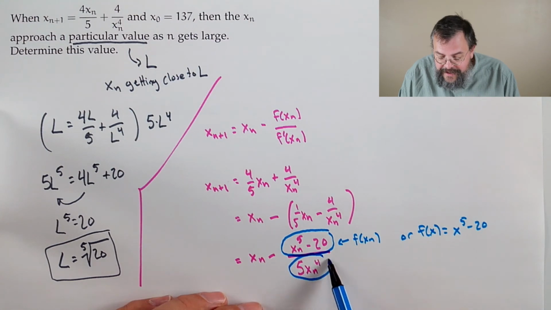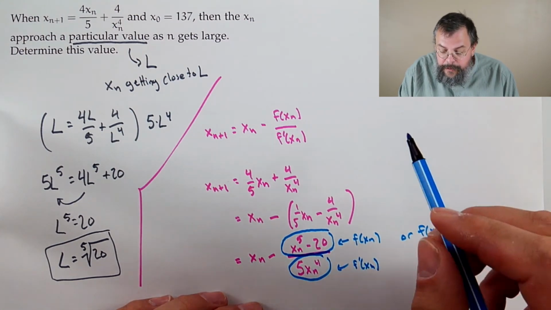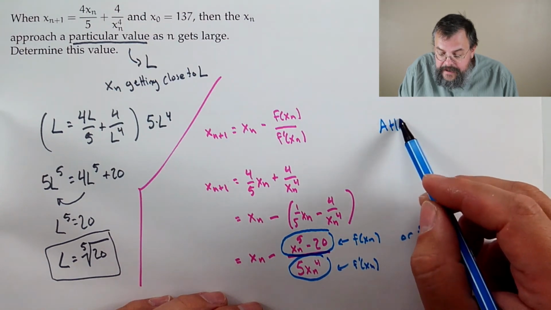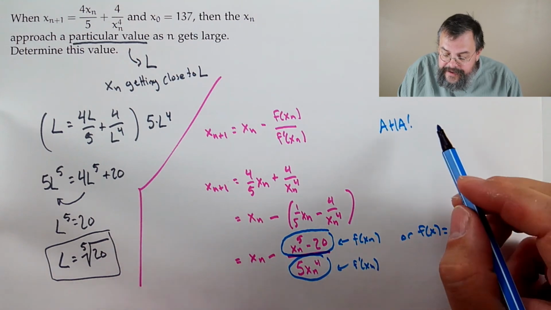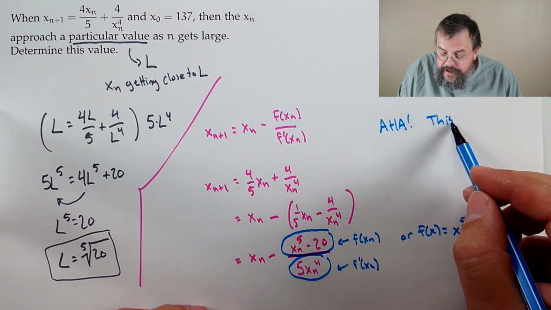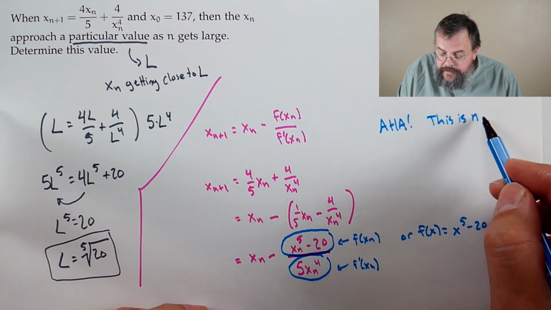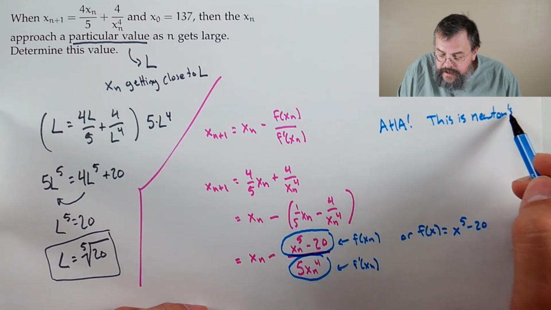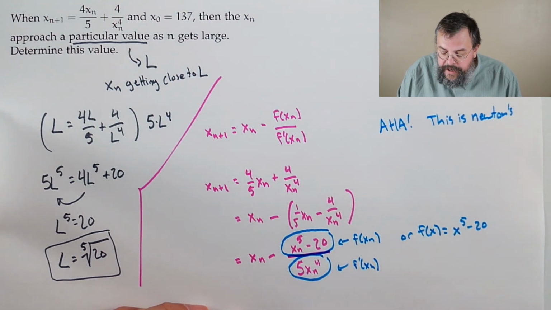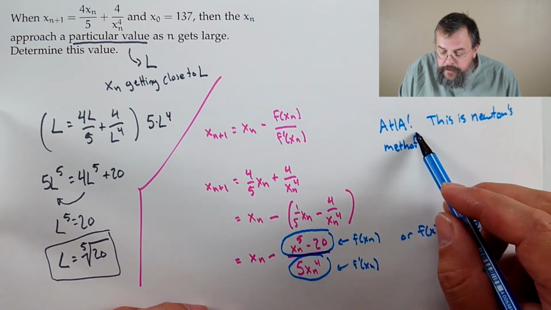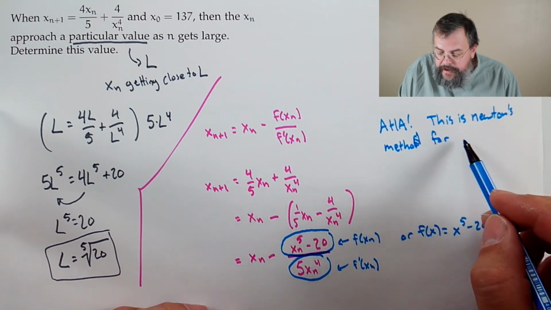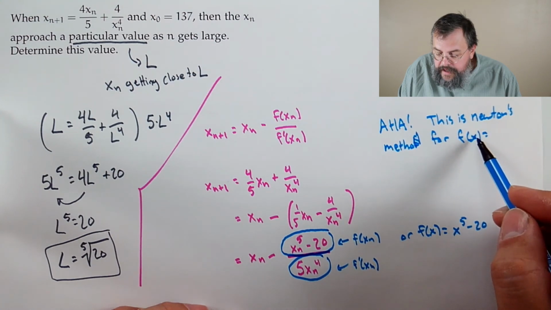That's our f prime of xn. And so we have our great aha moment. Our great aha is that this is Newton's method for our function, namely x to the fifth minus 20.